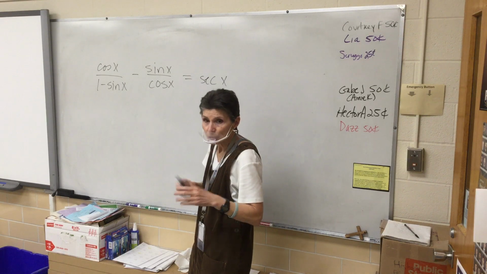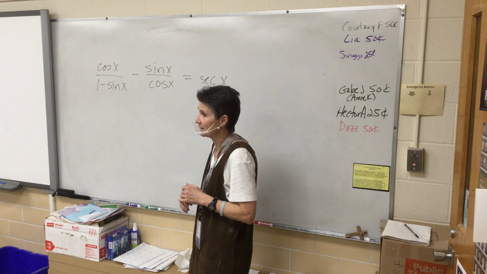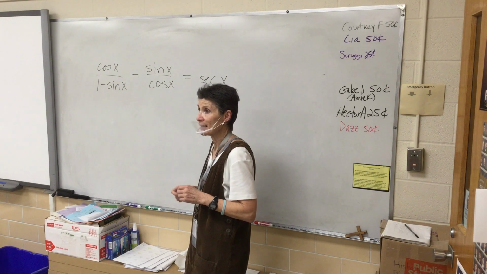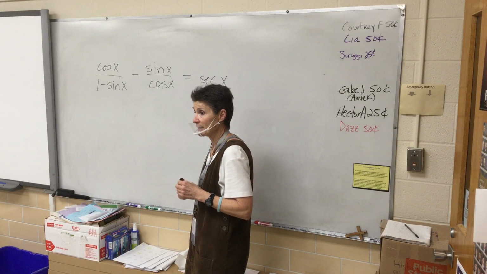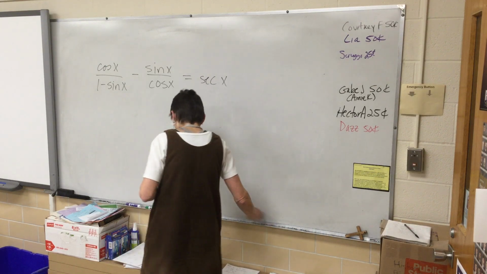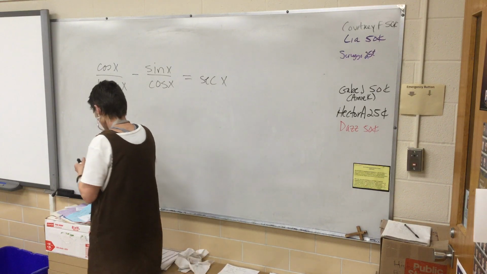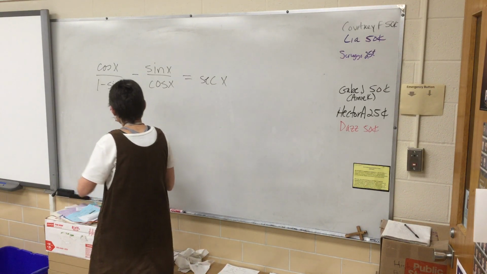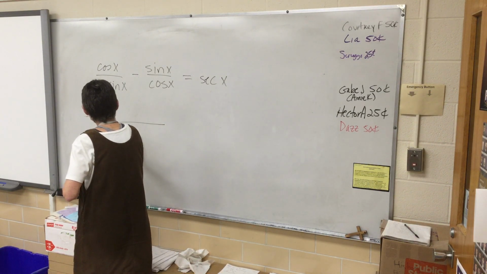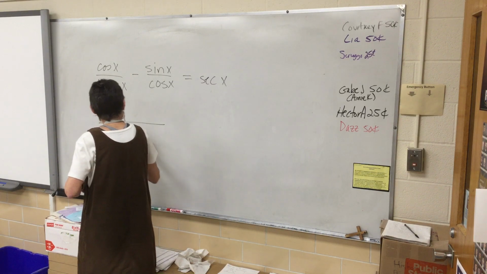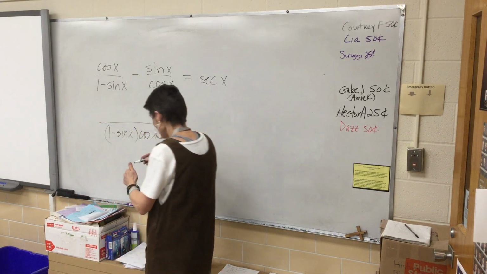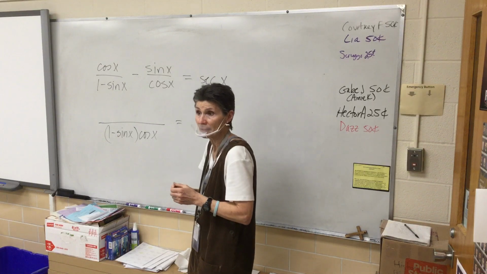Whenever you see 2 fractions that need subtracted, you should be thinking about getting a common denominator. So, my common denominator will consist of 1 minus sine and cosine. Would you agree with that? That's going to be my common denominator.